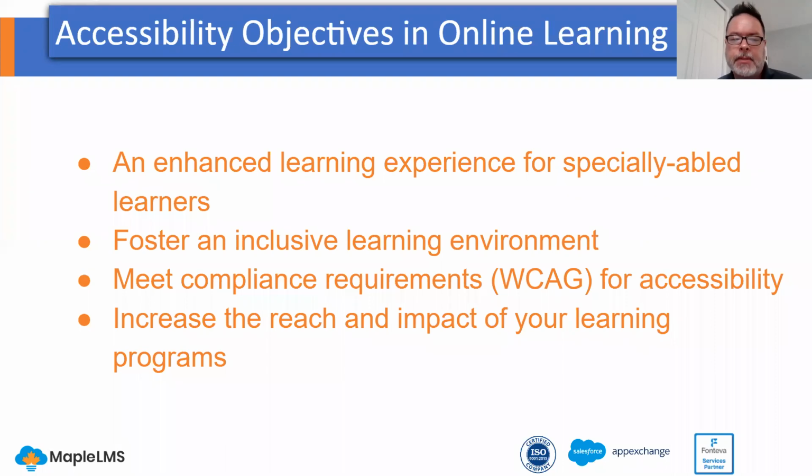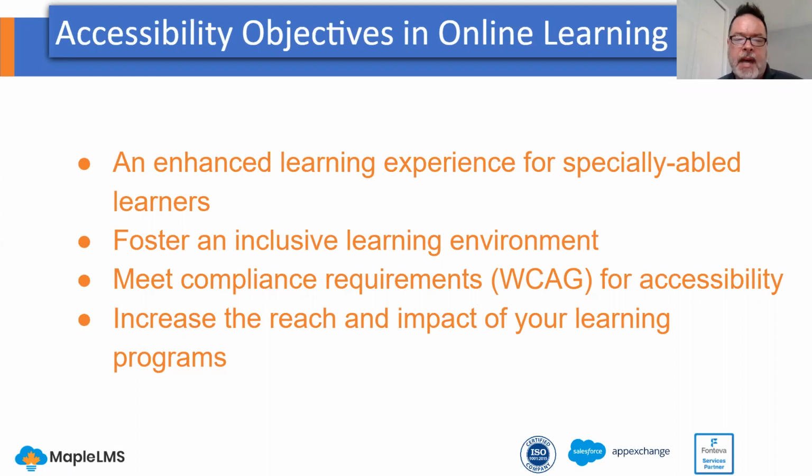One of our guiding principles at MapleLMS is to ensure learning for all. We support this goal in a number of ways, and a big part of this is ensuring accessibility and everyone gets the best out of their online experience. When we do this, we are enabling learners to fully immerse themselves in the learning experience, and they're not left out of any activities.